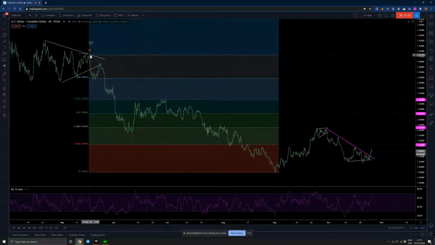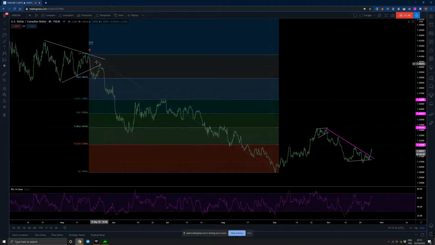So for me, the important levels are these ones: 0.618, 0.5, 0.382, 0.236.